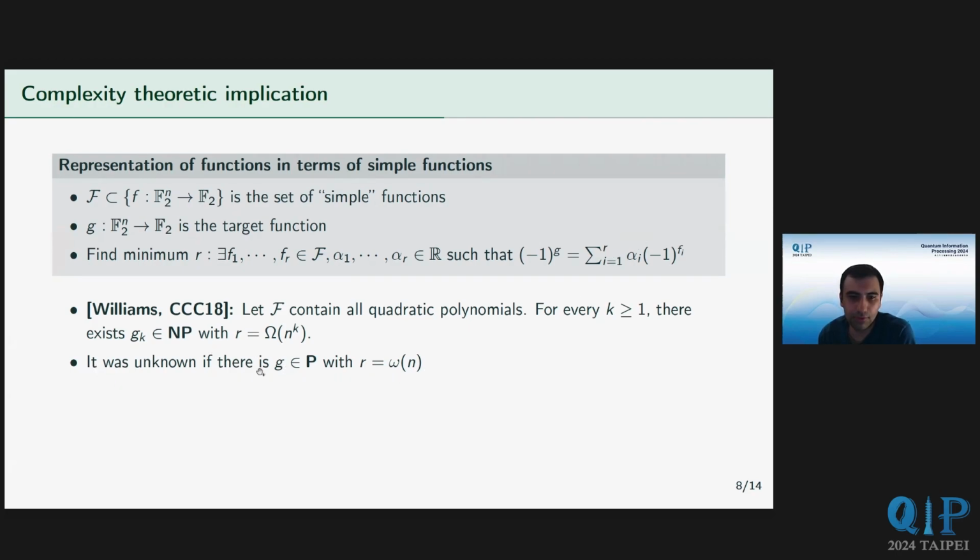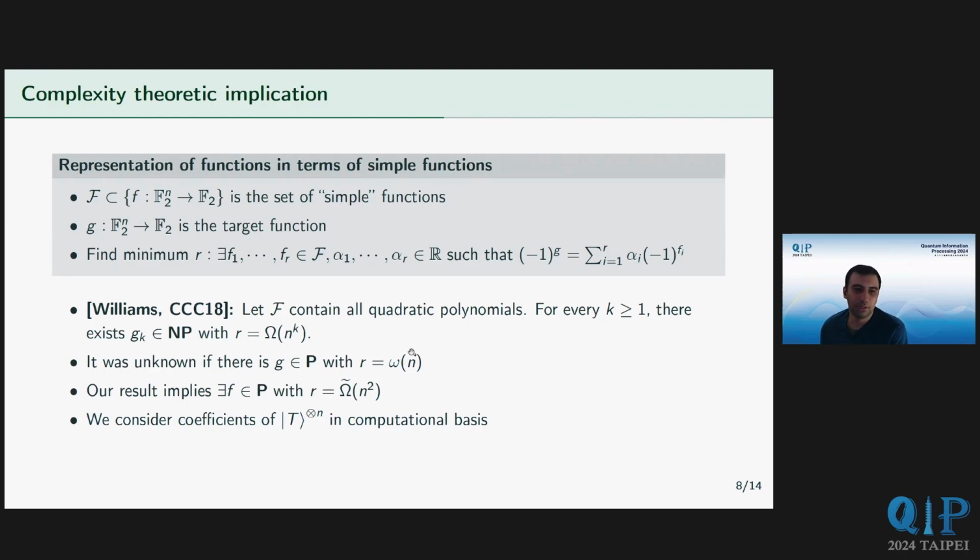And it was unknown before our result whether there exists some function in P such that you need at least a linear number of terms. With our result, we know that there exists some function in P for which you need an almost quadratic number of terms, and this function is constructed based on the coefficients of T to the n in the computational basis.